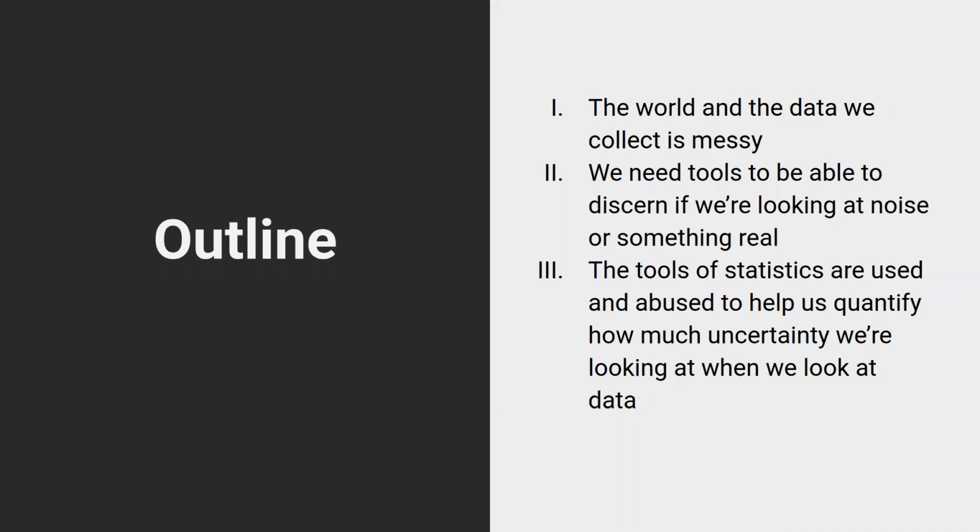So because the world is messy, we need tools to discern if we're just looking at noise, meaning something completely random, or something that's actually real, a pattern in the world. In order to do this, we have the tools of statistics, which are used, and I say used and abused, because we can see how we can mess with this, to help quantify how much uncertainty we're looking at when we're actually looking at data.